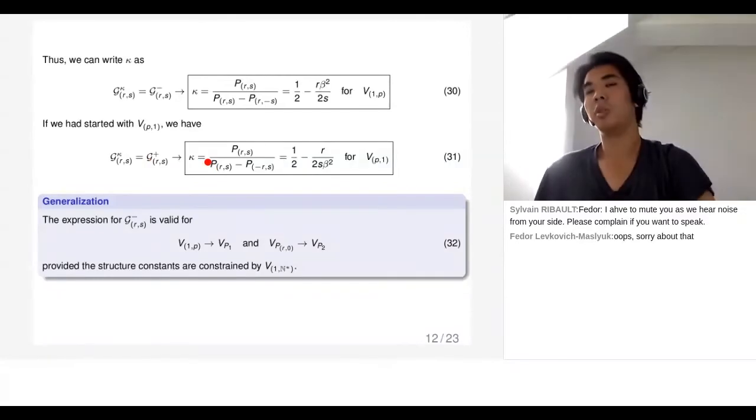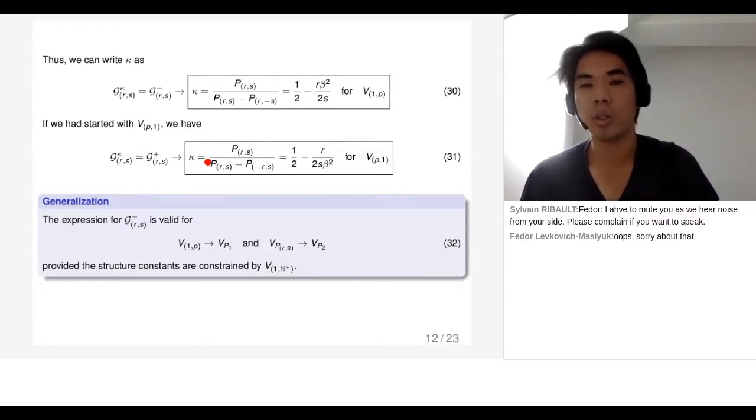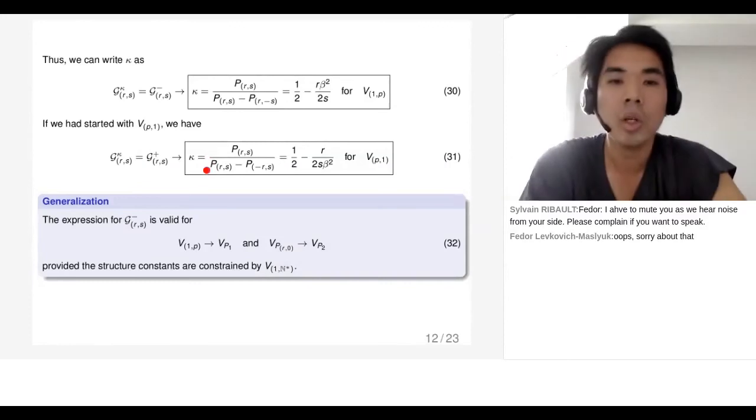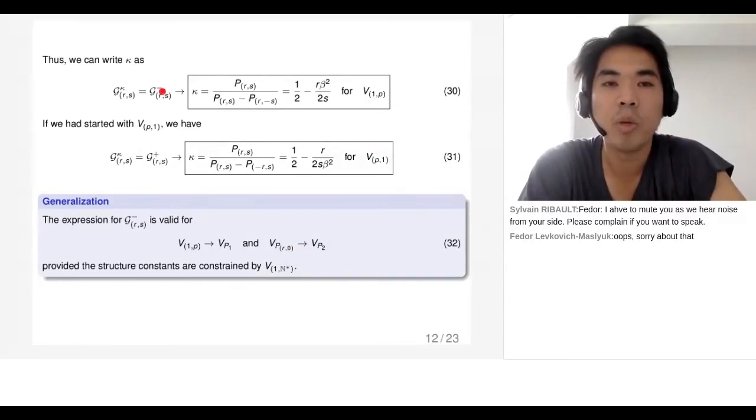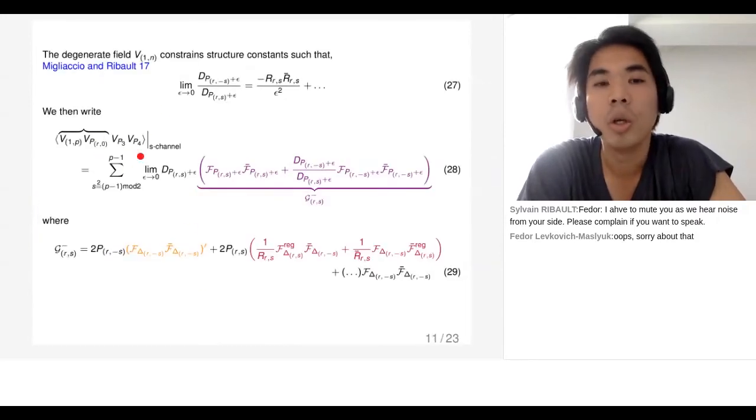In conclusion, this logarithmic representation can take two fixed values of coupling whenever they are constrained by degenerate fields.